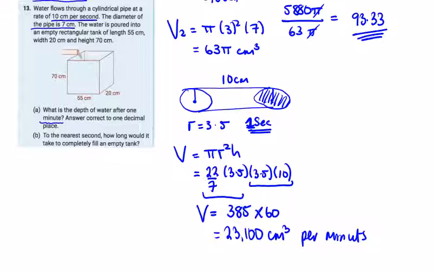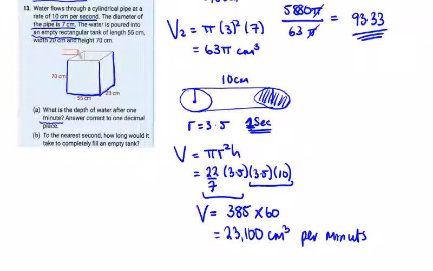Now water is poured into this empty rectangular tank here, 70 by 55 by 20. Okay, so what's the volume of that tank? Let's have a look at the volume. Well, we're asked for the water depth.